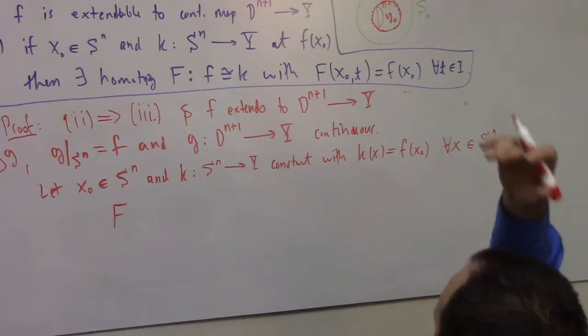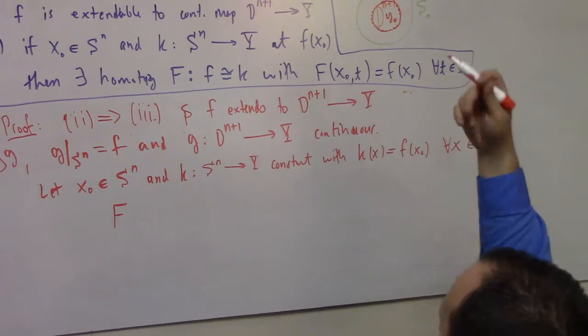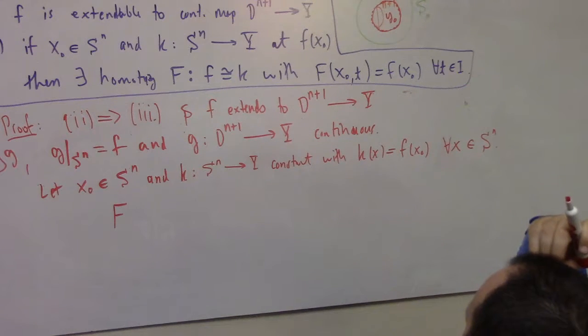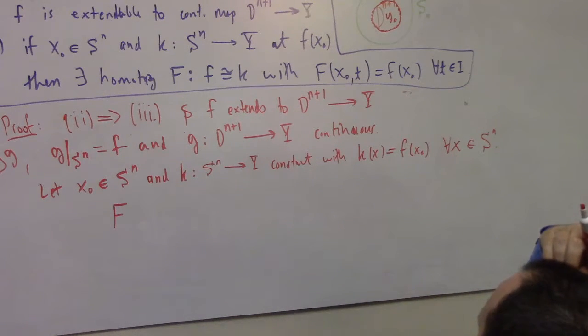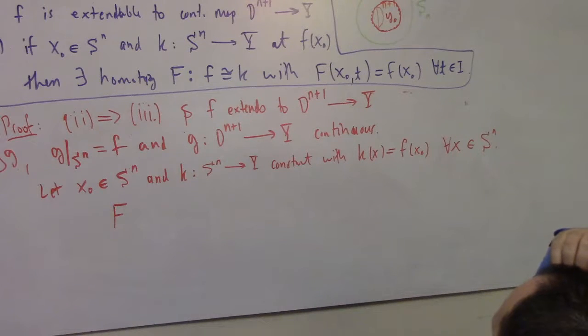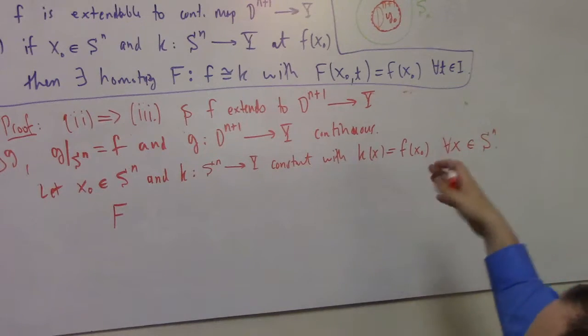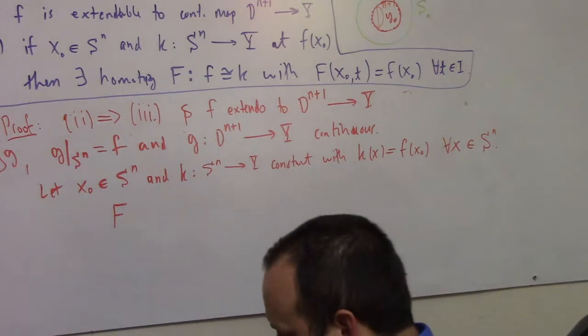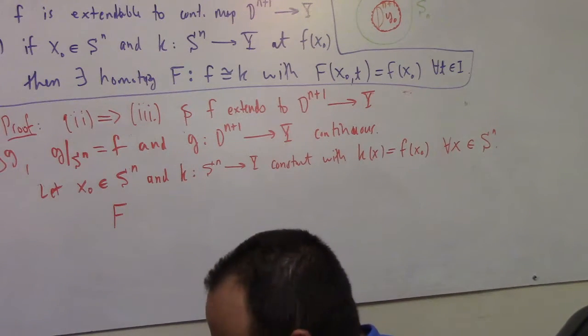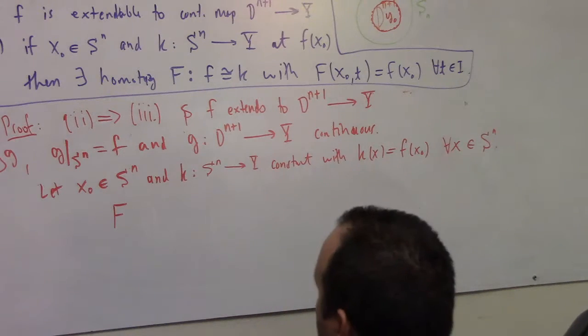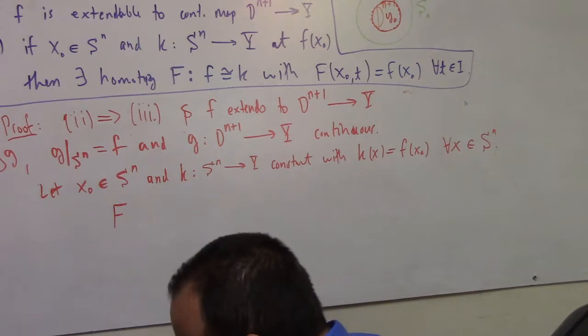The difference between this and other homotopies is that usually the homotopy says something about t equals 0 and t equals 1. This one stays at f of x naught from t equals 0 all the way to 1, everywhere in between too. It's a special homotopy, exactly.